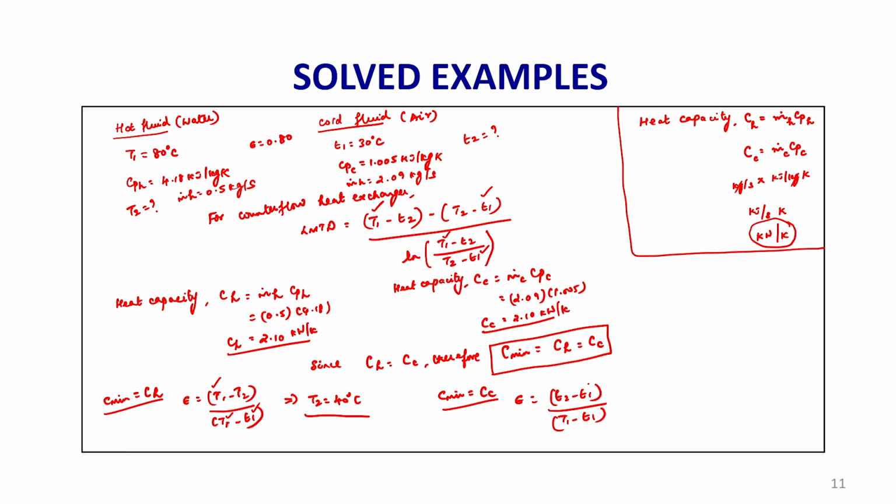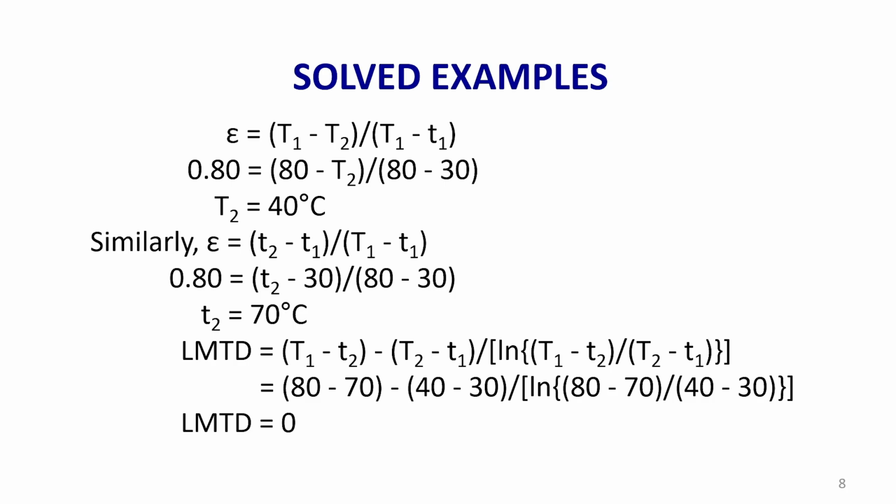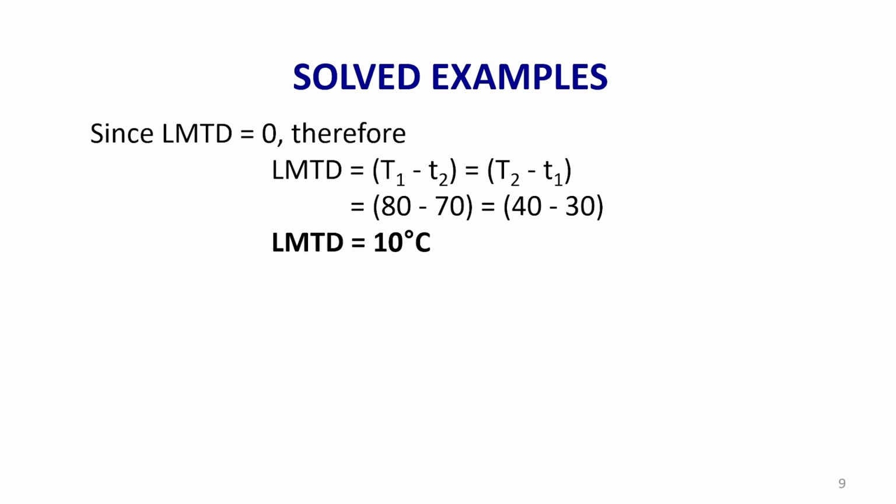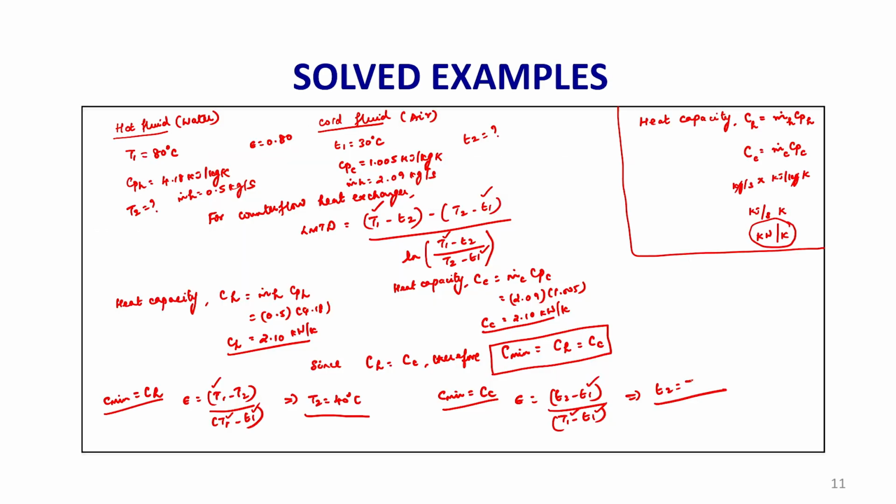Here also small t1 and capital T1 are known, so we can find the outlet temperature of the cold fluid. That comes to 70. So the cold fluid is heated from 30 to a maximum temperature, which it can reach up to the inlet temperature of the hot fluid, 80, but here it is heated up to 70 only.